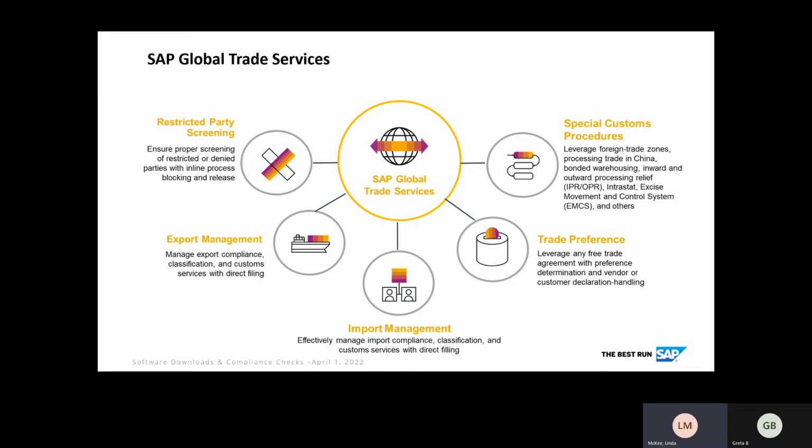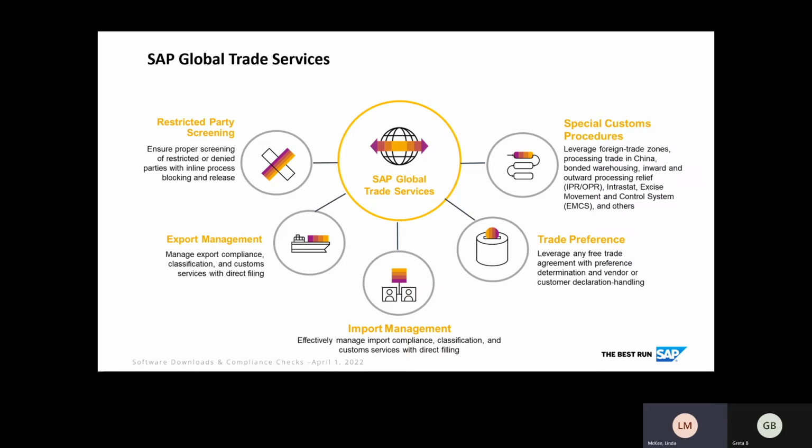So I just wanted to give those of you who may not be as familiar with GTS, or may know GTS but only certain specific areas, an overview. We do have a very broad capability and a lot of deep capabilities. Today, we're focused on restricted party screening, or as we call it, sanctioned party list screening within the solution.